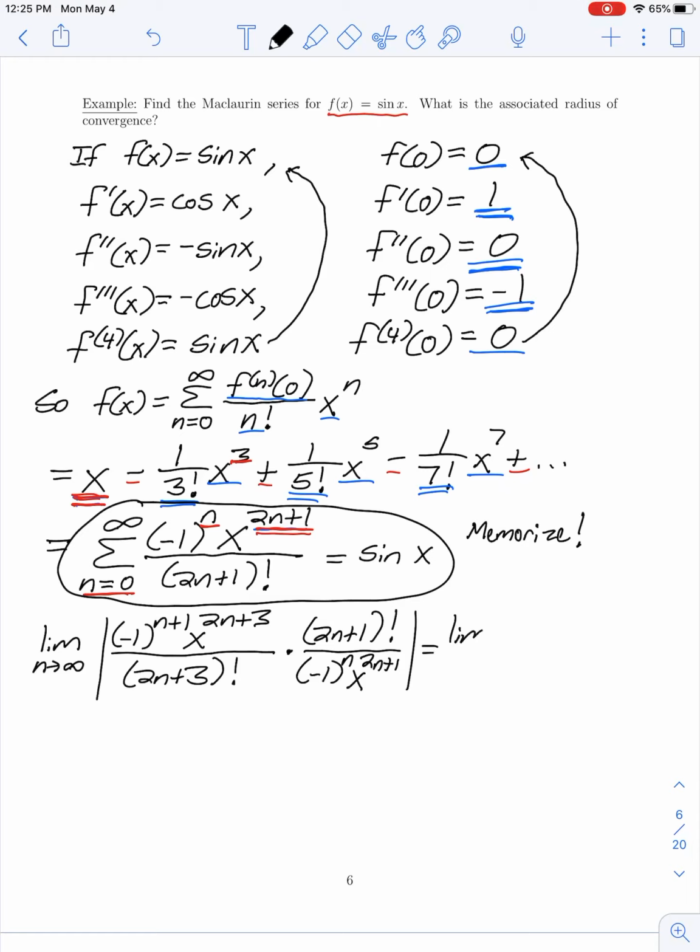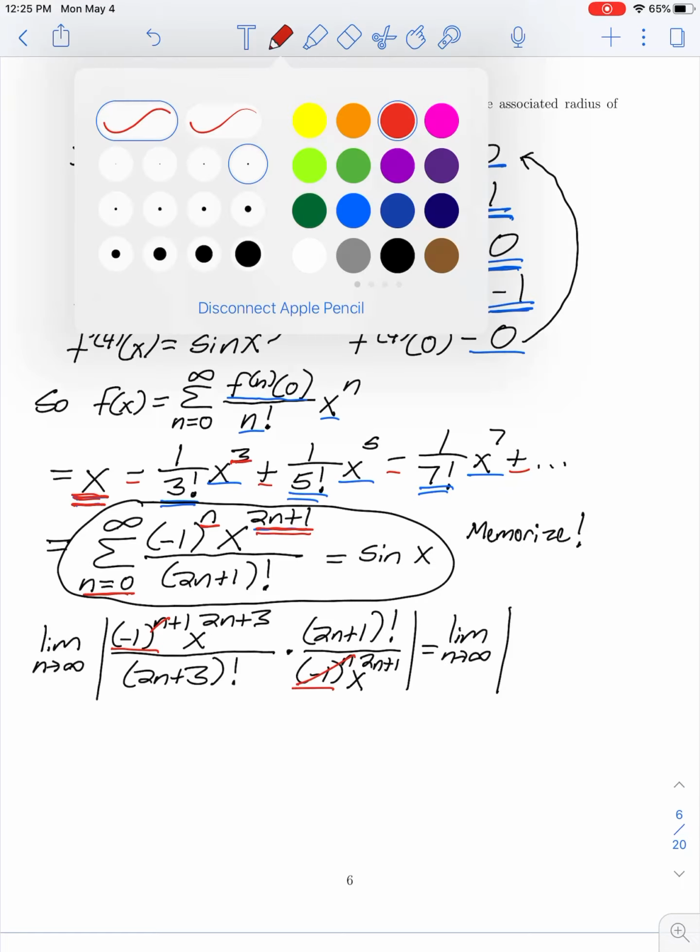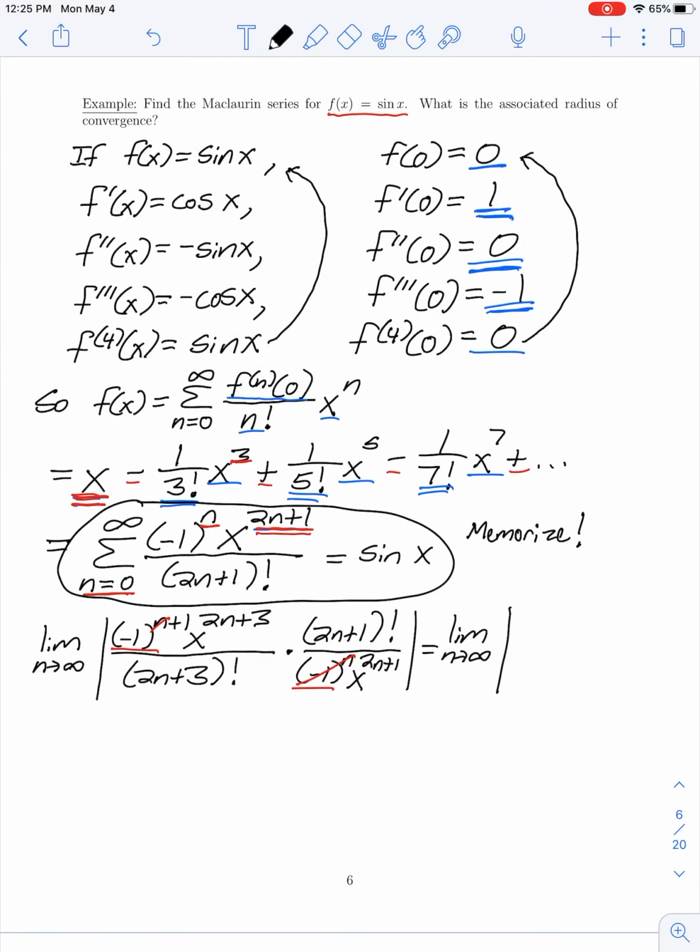So this leaves us with the limit as n approaches infinity of the absolute value of, let's see which terms remain. So the ratio of our negative 1 terms, if we cancel n factors of negative 1, we have a negative 1 to the first for our numerator.